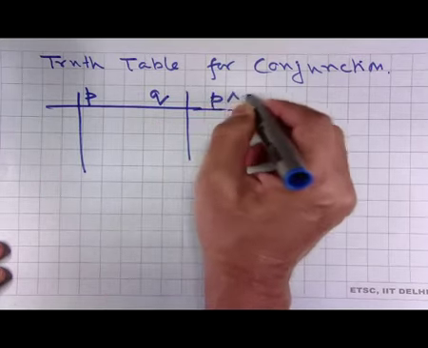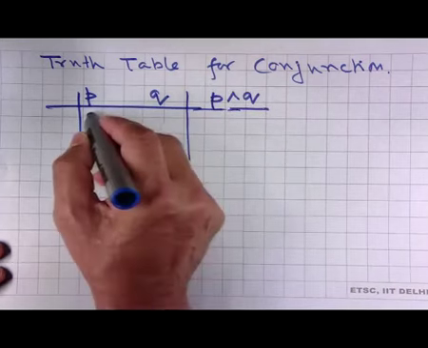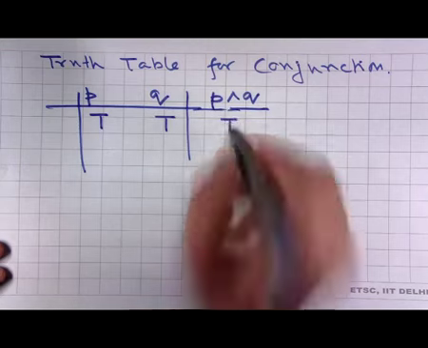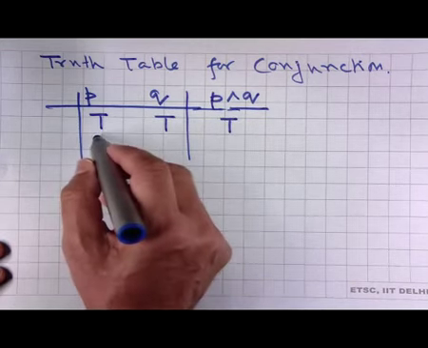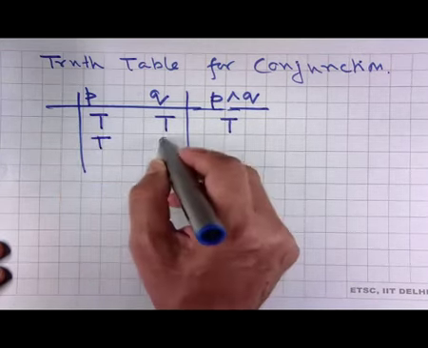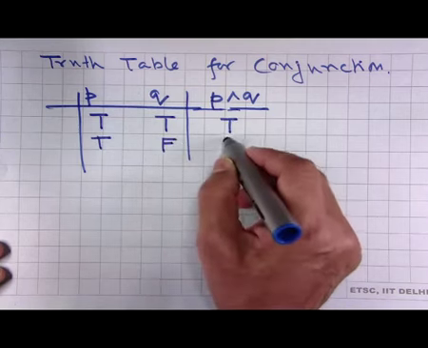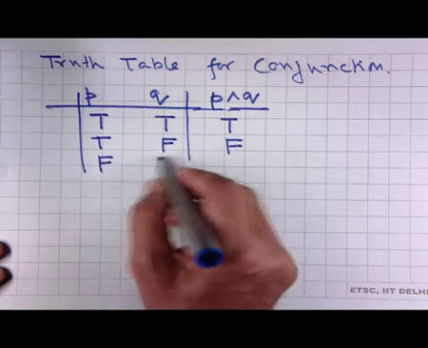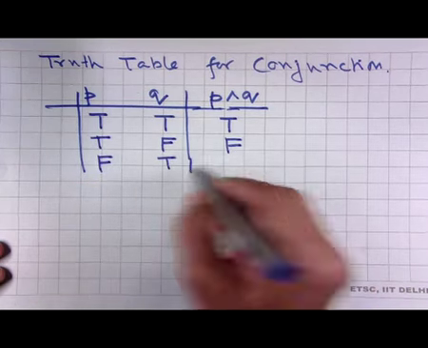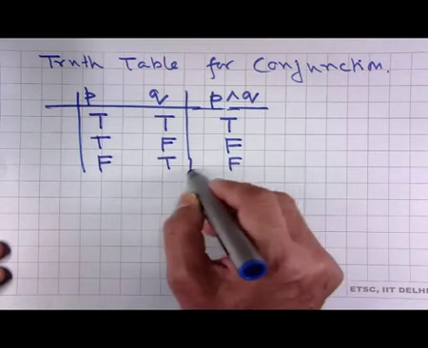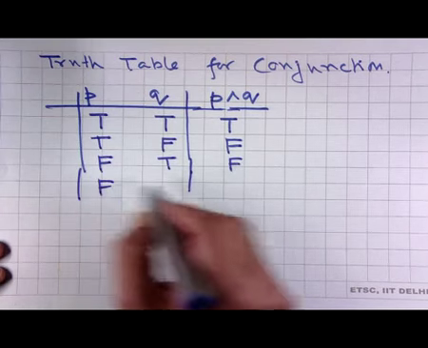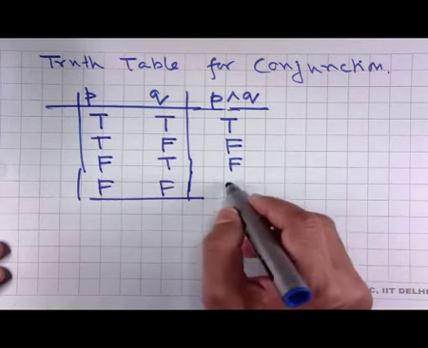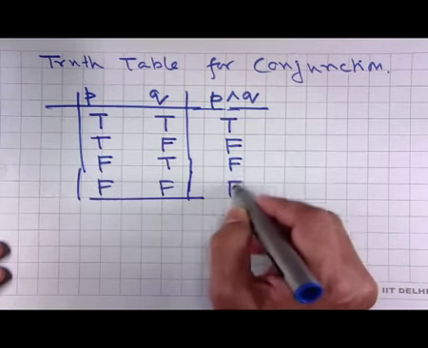P and Q. If P is true, Q is true, then this is true. If P is true, but Q is false, then this is false. If P is false, but Q is true, then also this is false, and if both of them are false, then P and Q is also false.